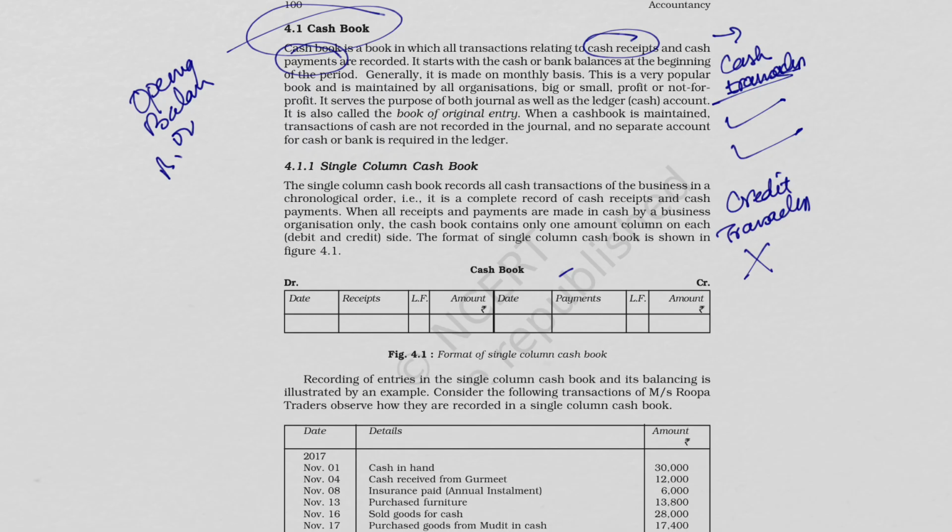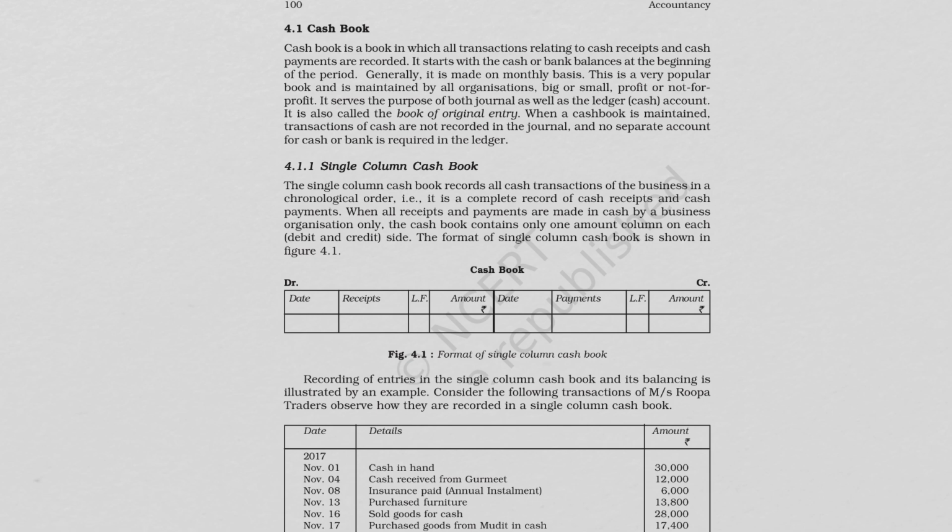It is maintained by all organizations, whether big or small, whether profit making or non-profit organizations. Here is the most important feature. The cash book serves the purpose of both journal and ledger.